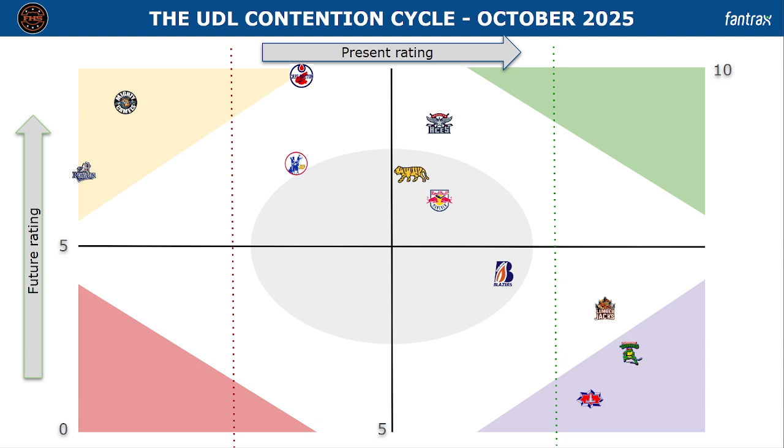So more or less a team about the playoff cutoff line. If we imagine that it should be around here somewhere, so below the average present rating.